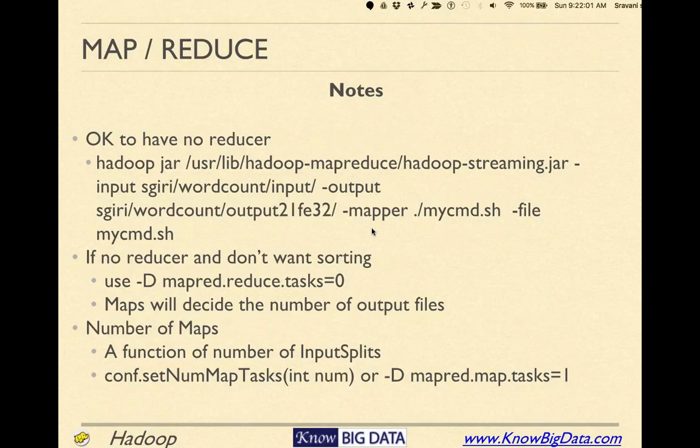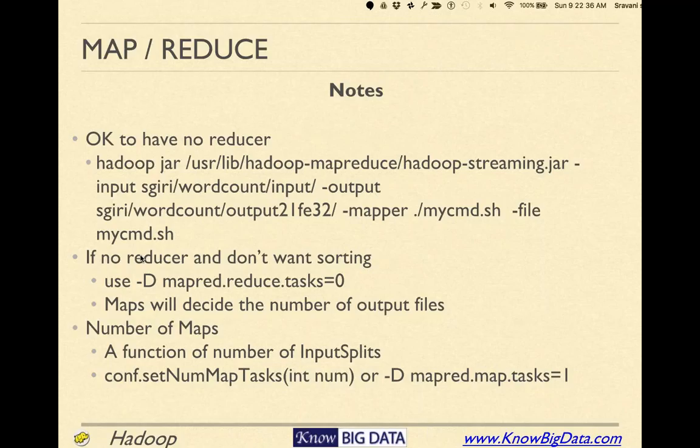So it's okay to have no reducer. For example, here you can see that we may choose not to have any reducer at all. Without a reducer you can generate a file of this word count itself, sorted by the numerical value, the number of counts, without a further reducer.